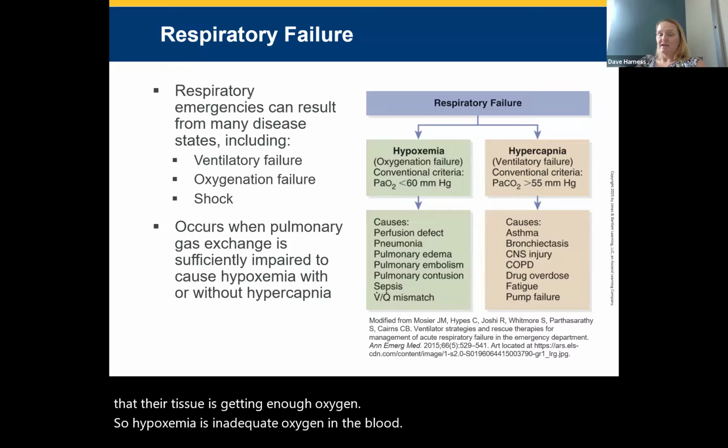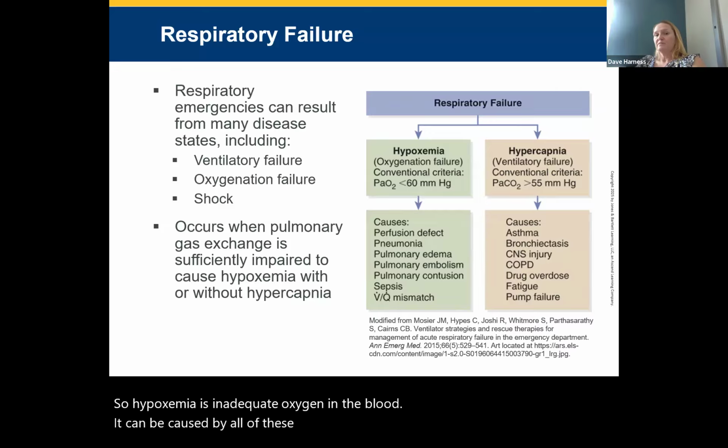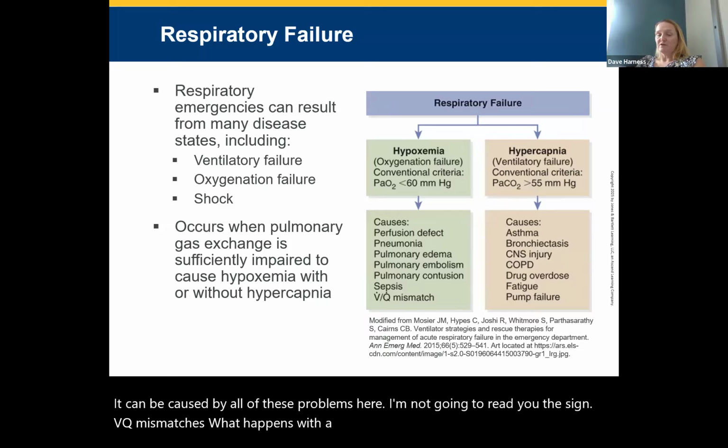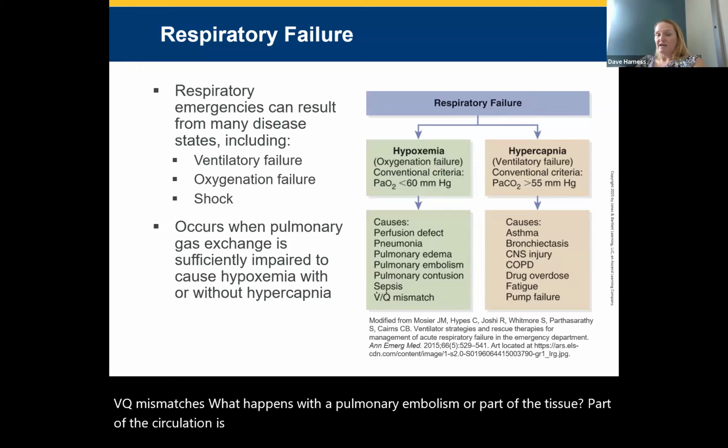It can be caused by all of these problems here. I'm not going to read you the slide. VQ mismatch is what happens with a pulmonary embolism, where part of the circulation is blocked. So oxygen is getting into that alveoli, but no blood is coming by to pick up the oxygen.